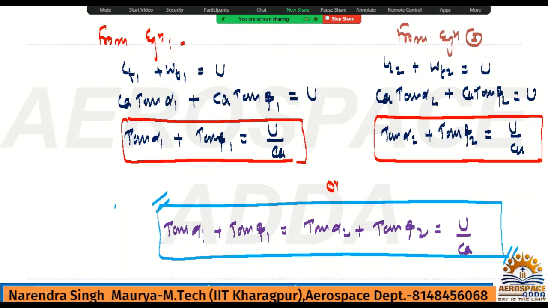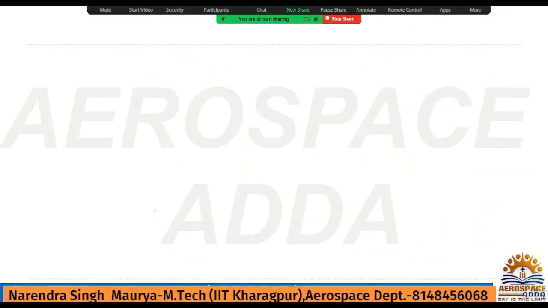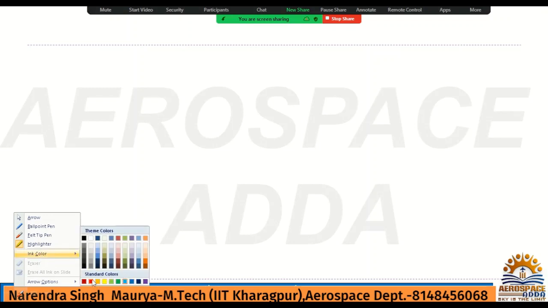So this is the alpha 1, beta 1, alpha 2, beta 2 relation. Now with the help of this relation, velocity triangle, we will write the Euler's equation of turbo machine, or simply you can say Euler equation for the compressor we will write simply. Okay. So next, what is the equation?